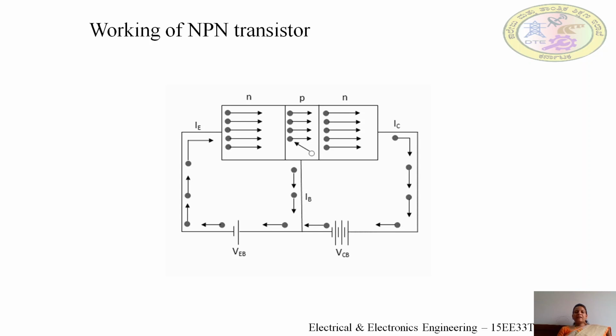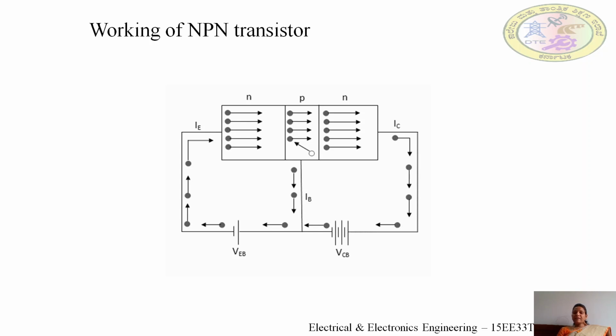So as I said, emitter base junction is forward biased and the collector base junction is reverse biased. So due to the forward biased condition, electrons will be emitted, which are the majority charge carriers. In case of an NPN transistor, emitter emits the majority charge carrier electrons into the base.